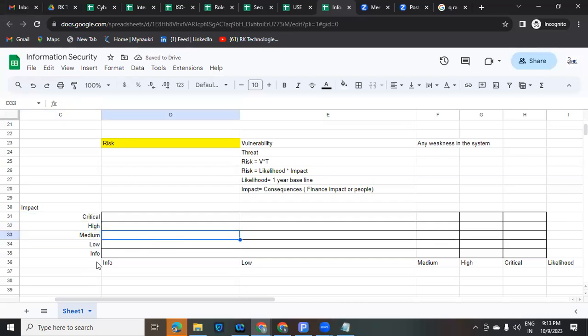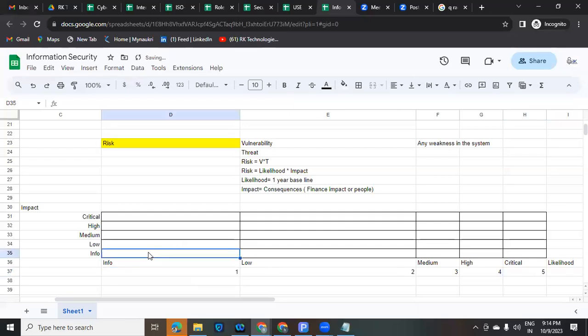So always info we can represent with 1, low with 2, medium with 3, high with 4, critical with 5. In this similar way, here 1, 2, 3, 4, 5.